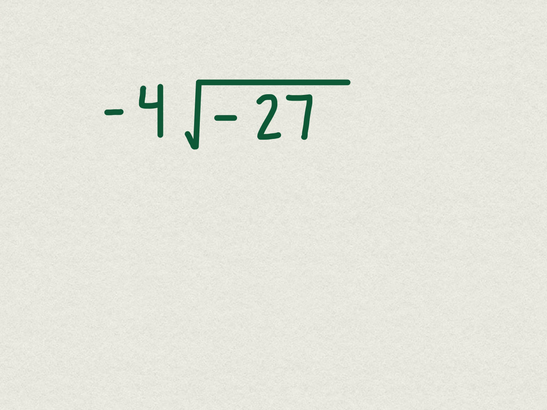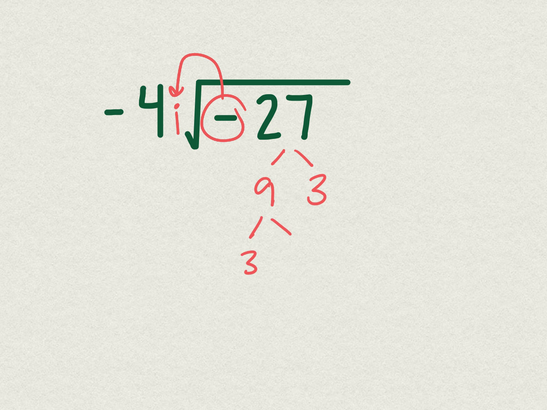All right, next one. What do I do first? Turn the negative into an i, and then break down what's on the inside. So what are 2 factors of 27? 9 and 3. What are 2 factors of 9? 3 and 3. So what do I circle? Circle it, 2 3s. And then what comes out?